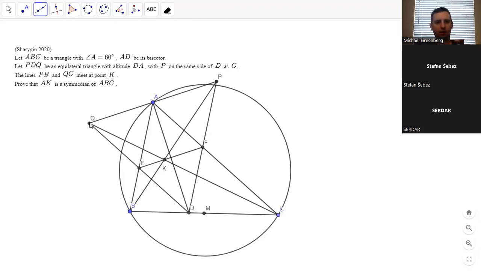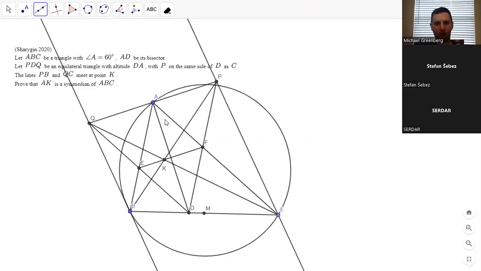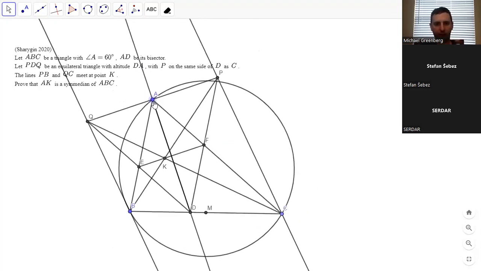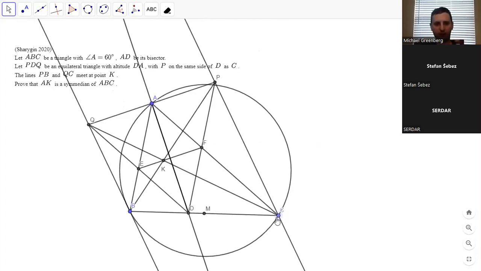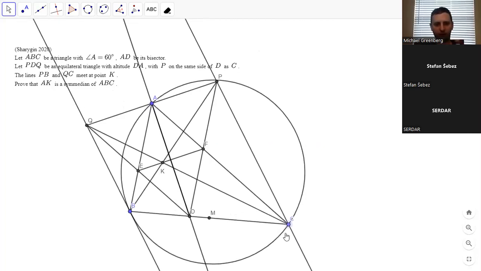Yeah, I think are both of these parallel to DA? Because I think this Desargues says that these three are concurrent, right? So if we can show BQ is parallel to AB, let me see. I'm not sure these cannot be concurrent.